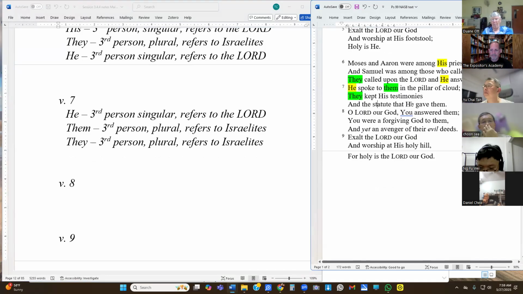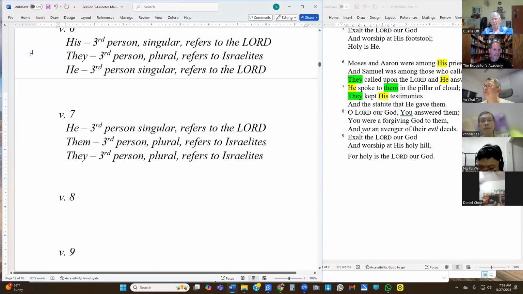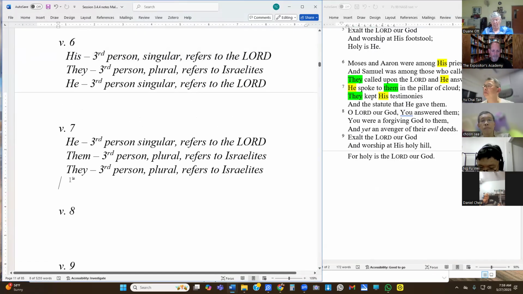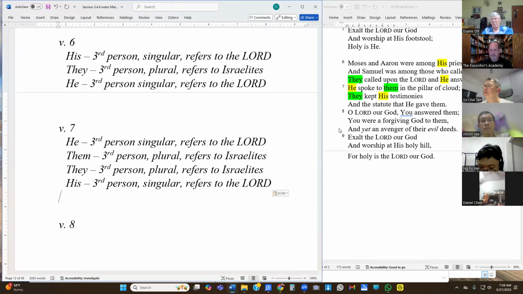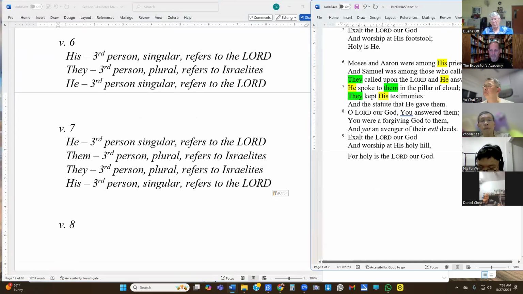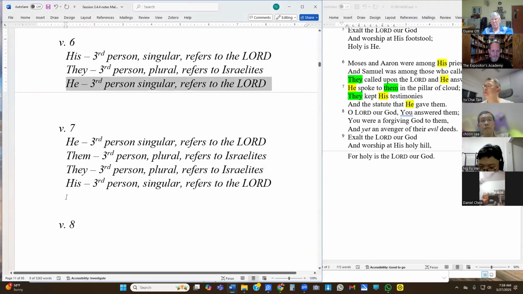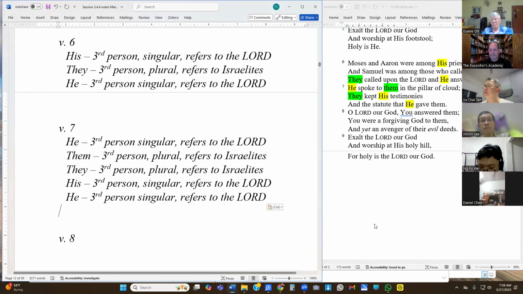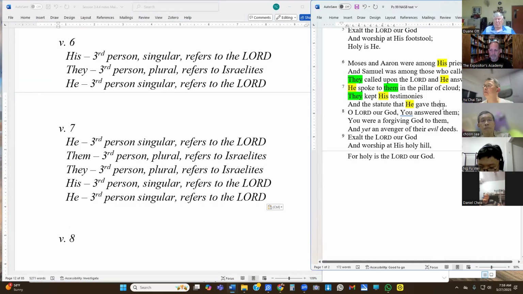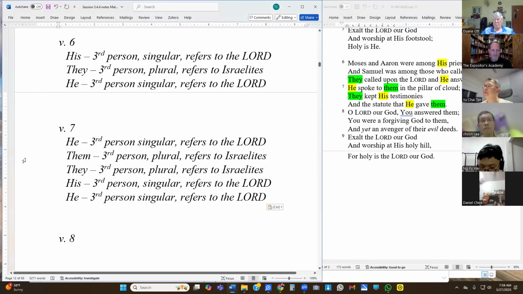And "his," another pronoun, third person singular, refers to the Lord. And the fourth line, "he," third person singular, refers to the Lord, and "give them," third person plural, refers to the Israelites. Yes. Good.